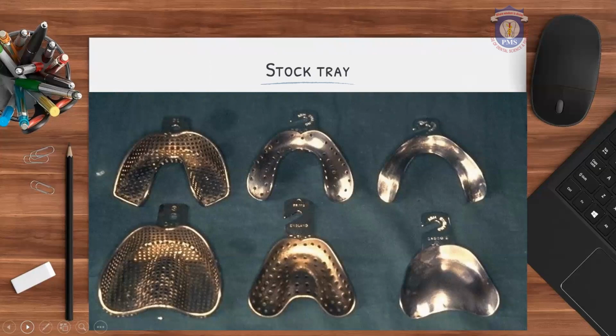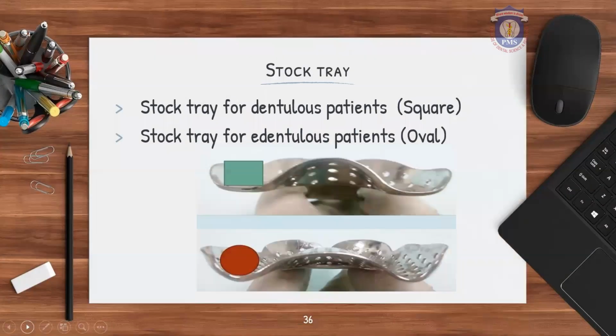So these are the stock trays available, metal trays available. They can be perforated and non-perforated too. Stock trays for dentulous patients are perforated trays. The first one is square shaped and the second one is oval shaped for edentulous patients. Stock trays for dentulous patients have long flanges and a wide, flat floor, as in the first picture.